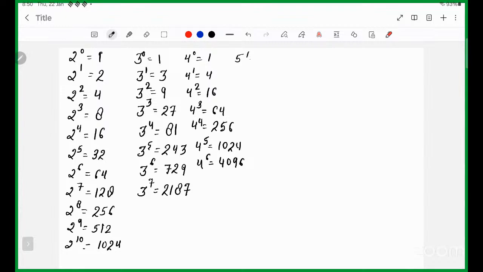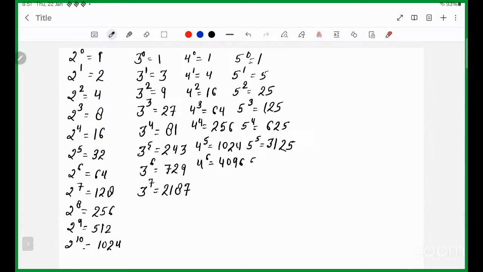5 raised to power 0 is 1. 5 raised to power 1 is 5. 5 raised to power 2 will be 25. 5 raised to power 3 will be 125. 5 raised to power 4 will be 625. 5 raised to power 5 will be 3125.